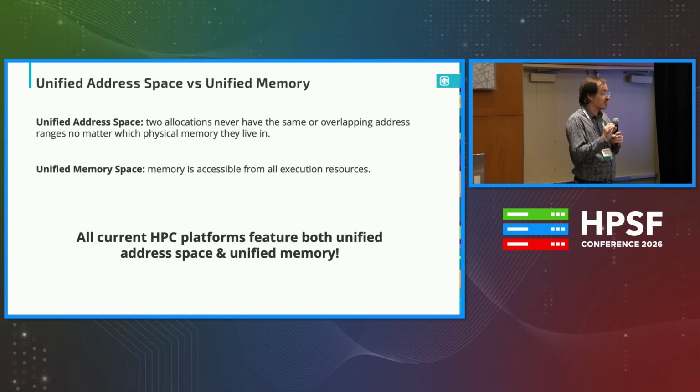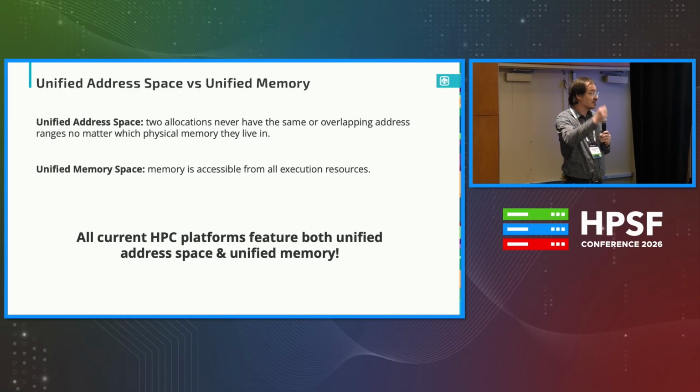You don't have an address 0001 on the GPU and an address 0001 on the CPU that point to two different memory allocations. If you have a GPU address, that address will never be used by any CPU memory and vice versa.